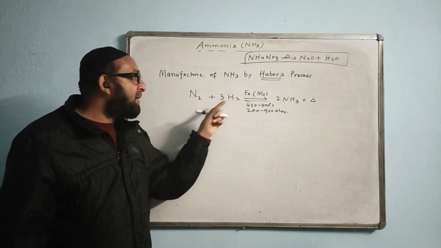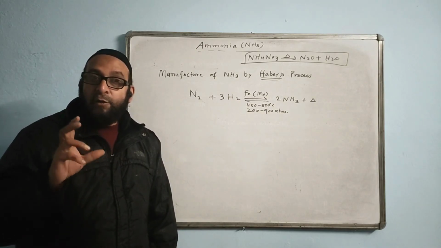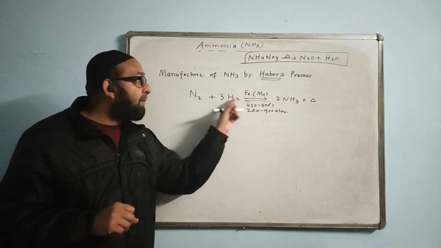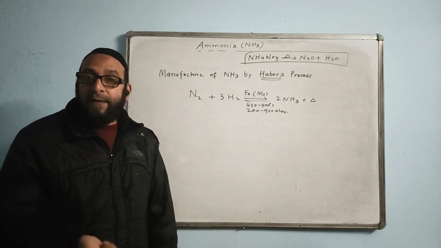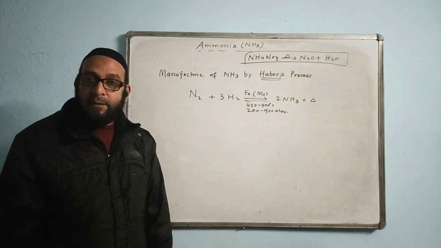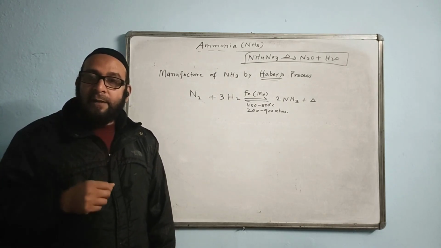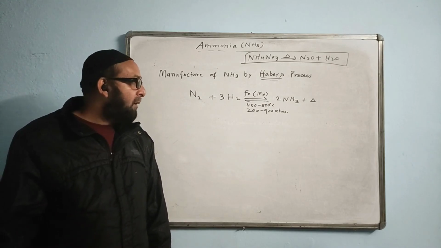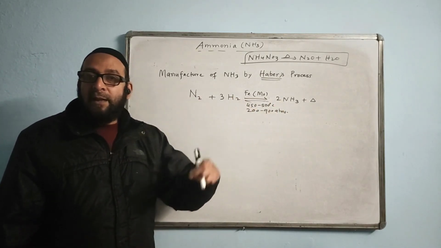Ammonia can be separated from the uncombined nitrogen and hydrogen by liquefaction, and there is another method, dissolving in water. Two methods are there to separate ammonia. Liquefaction, I already told you that ammonia is easily liquefiable.